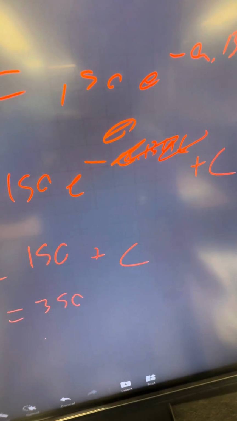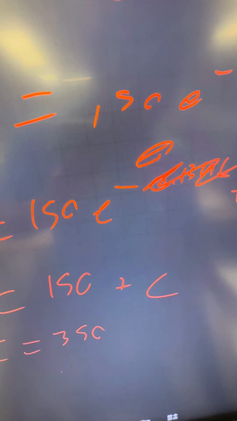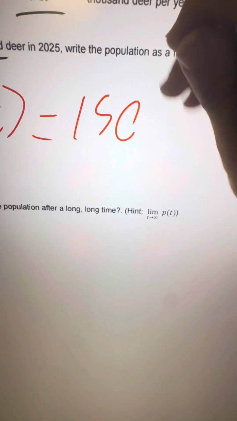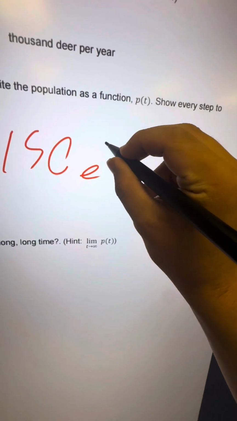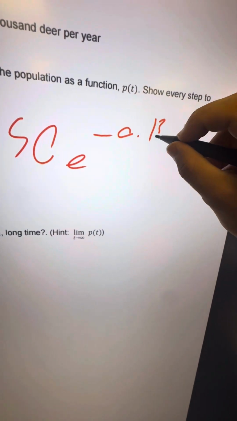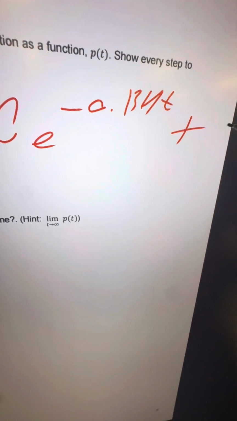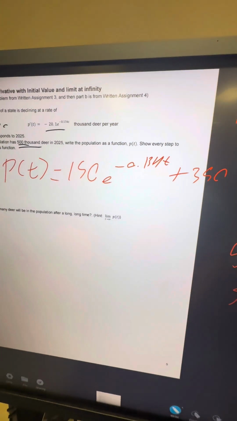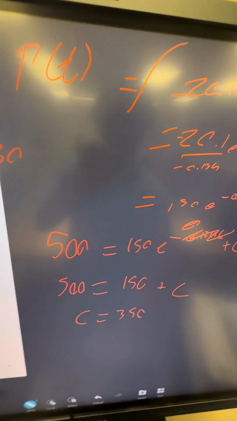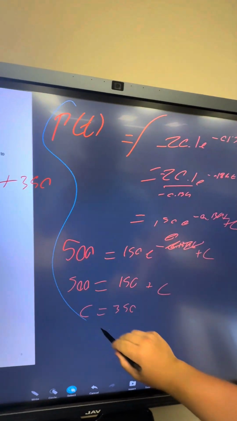I can now put that into the equation of P(t) equals 150 e to the negative 0.134 t plus 350. There we go.